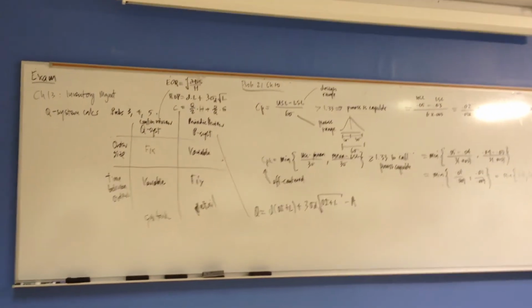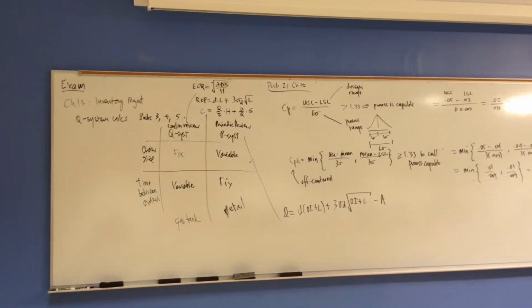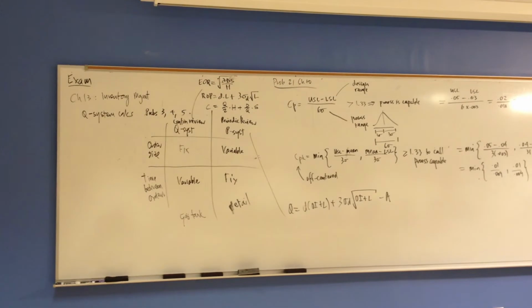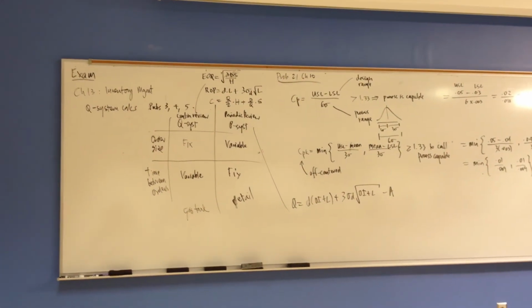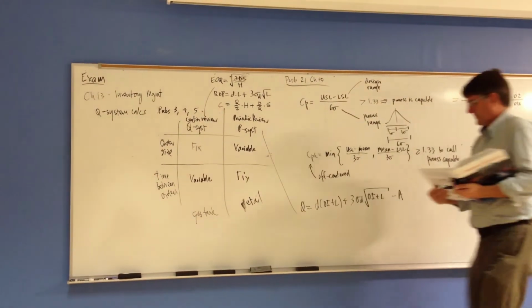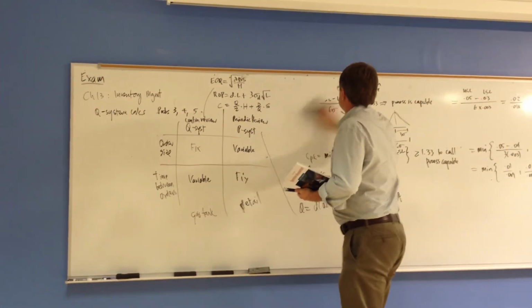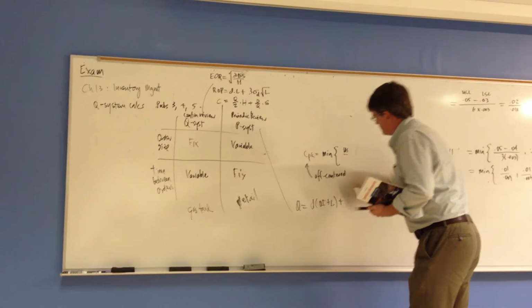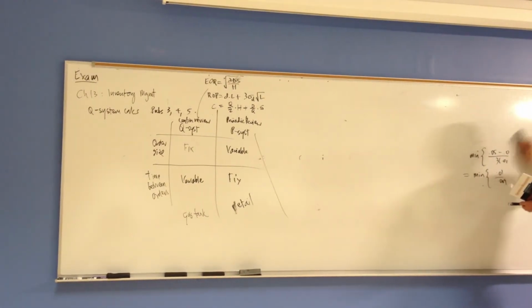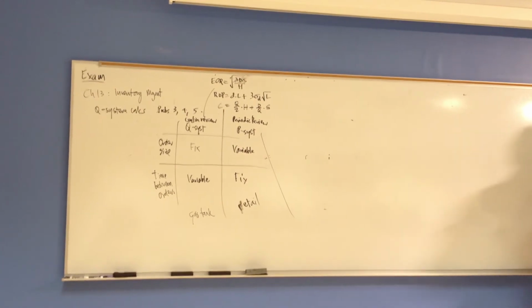No? 6? You did 6? Is it worth looking at? All right, let's do 6 because it seems very small. That's what she said.